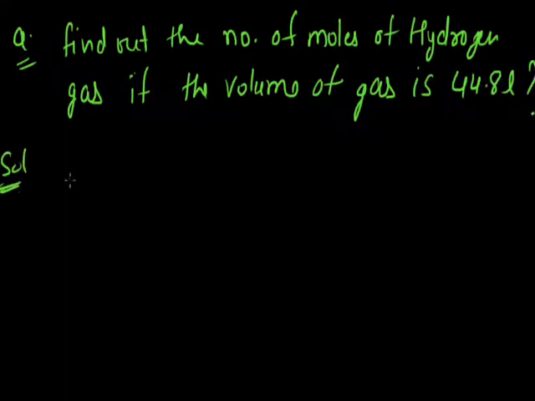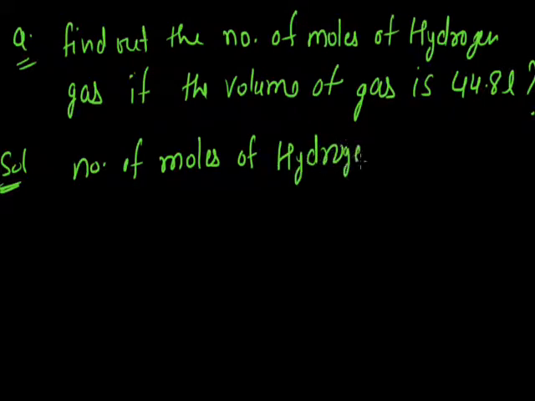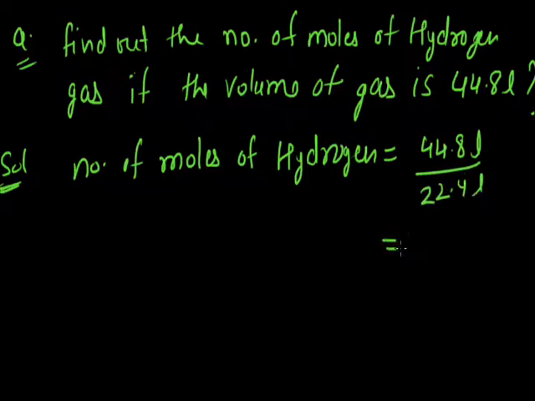Now we can say that number of moles of hydrogen is equal to given volume, that is 44.8 liter upon 22.4 liter, and this will also be 2.